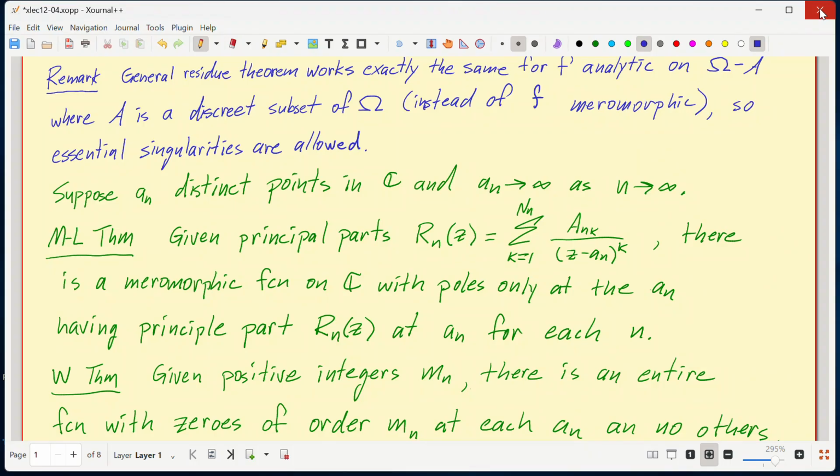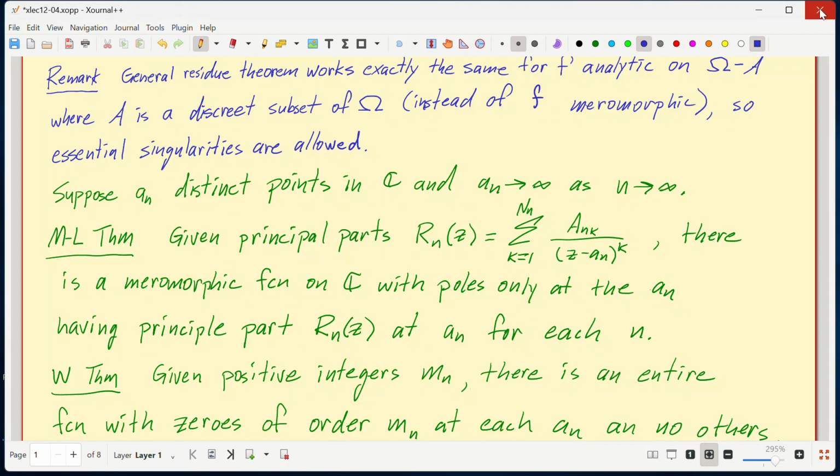All right? The Mittag-Leffler problem is to construct a meromorphic function on the whole complex plane that has poles exactly at the a_n's, and only that, but you can prescribe the principal parts. So give yourself a bunch of principal parts at the a_n's.